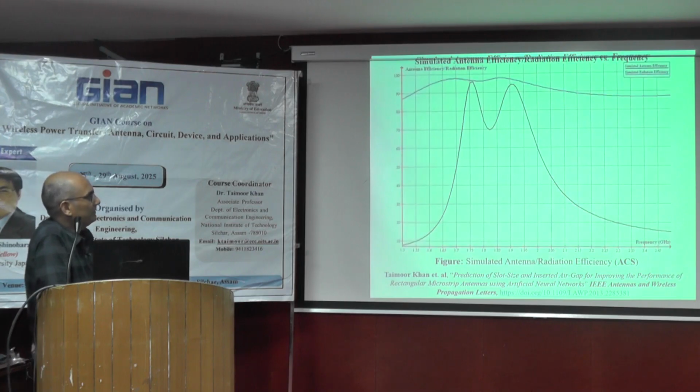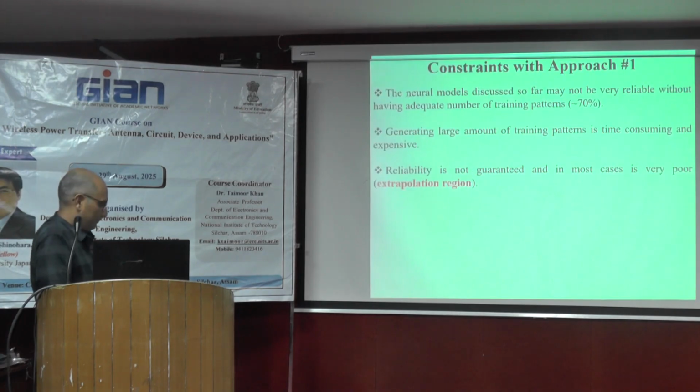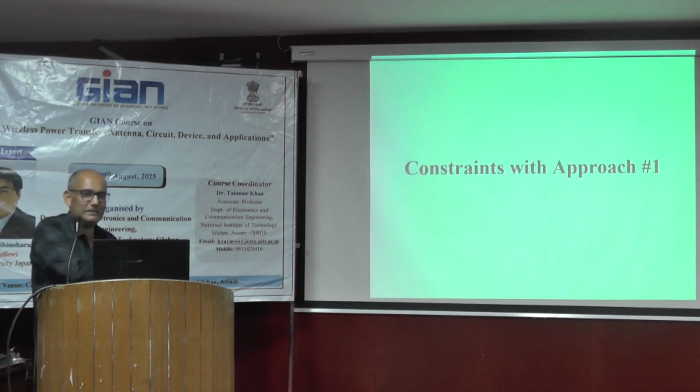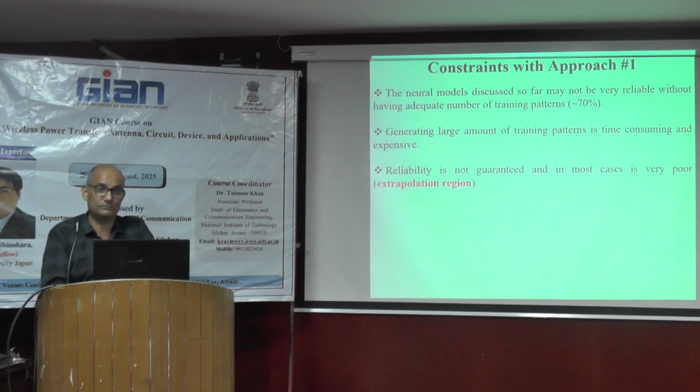Then antenna efficiency. Coming to the main point: what problems were there in the earlier two examples that we need to highlight, and its remedy in the knowledge-based neural network. The neural model, as discussed in the previous two cases, may not be very reliable without an adequate number of training patterns, because a huge number of patterns is required for training those models.